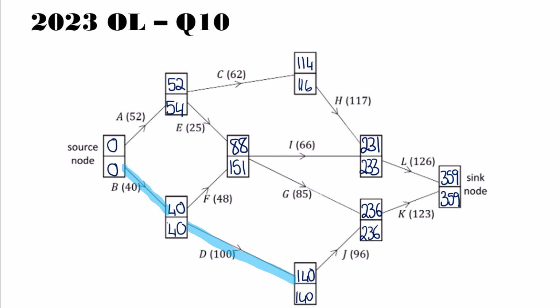We then have 140 plus 96, that's going to give me my 236, which is critical. And then finally, 236 plus 123 gives me 359. So here we have 4 critical activities, that's B, D, J, and K. The rest of the activities will all have a float. It's not as straightforward as just working with the nodes, so please be careful.